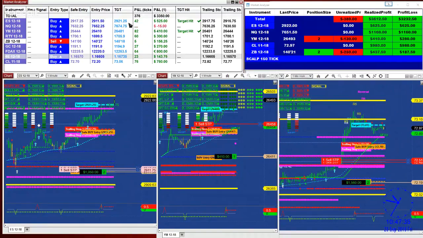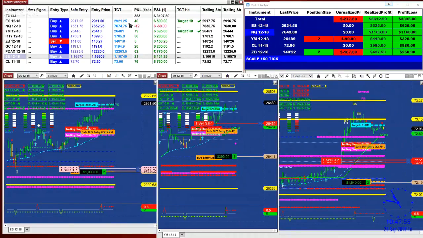Today the Nasdaq did go south, but we have 42 ticks on the ES and we have 83 ticks on the YM. Next Monday or next Tuesday or next Wednesday, it could be the YM going south and the Nasdaq and the ES doing well.